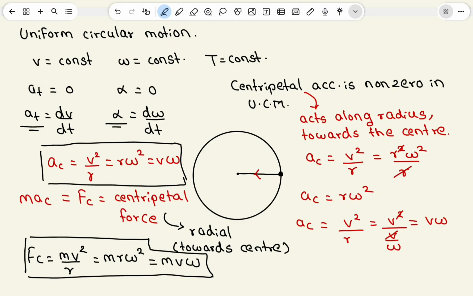So I'll just summarize this centripetal force and acceleration.